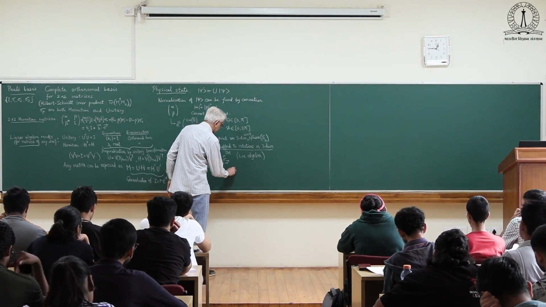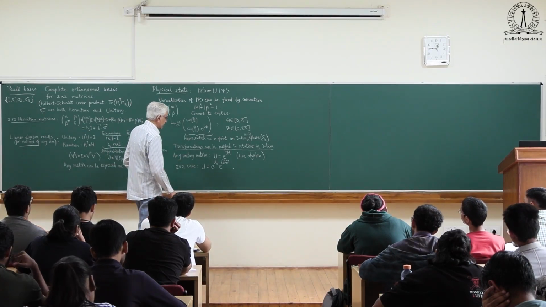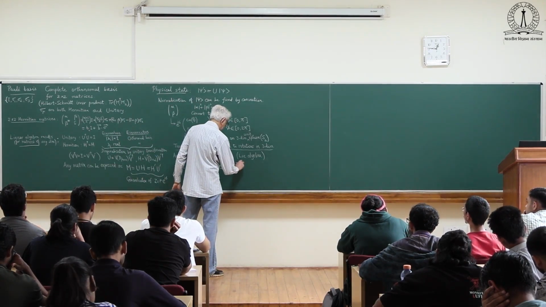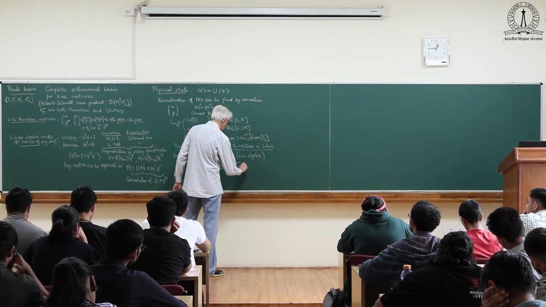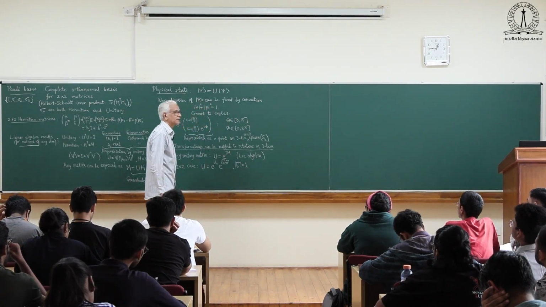In particular, this is a unit matrix which has a norm 1. So this B turns out to be a unit vector.